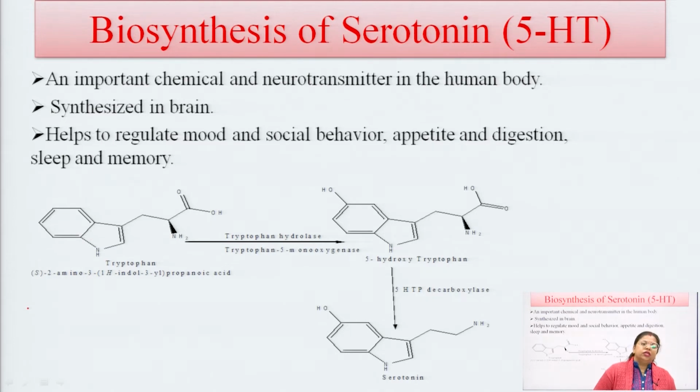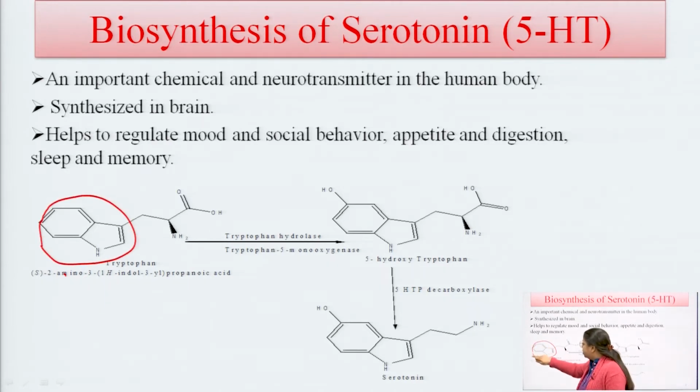Serotonin is synthesized in the brain and transported to the body. How is it synthesized? This is the pathway. There is tryptophan, from which 5-hydroxytryptophan is synthesized. Tryptophan has an indole ring in its structure, and on this indole there is propionic acid with one amino group.